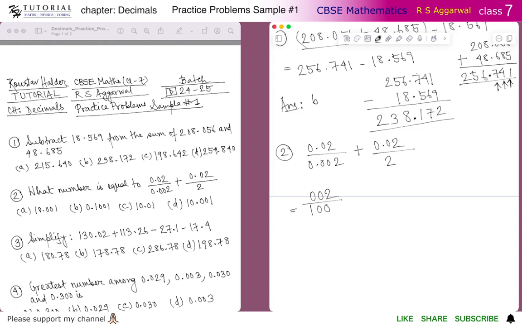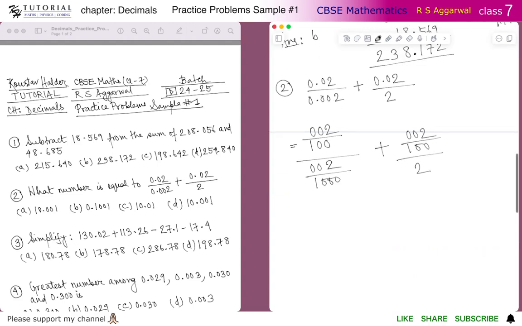Similarly, I will convert the denominator of the first term to a fraction, and it will be 002 divided by 1000. Similarly, the numerator of the second term, the second fraction, is 002 divided by 100, and we have divided by 2.